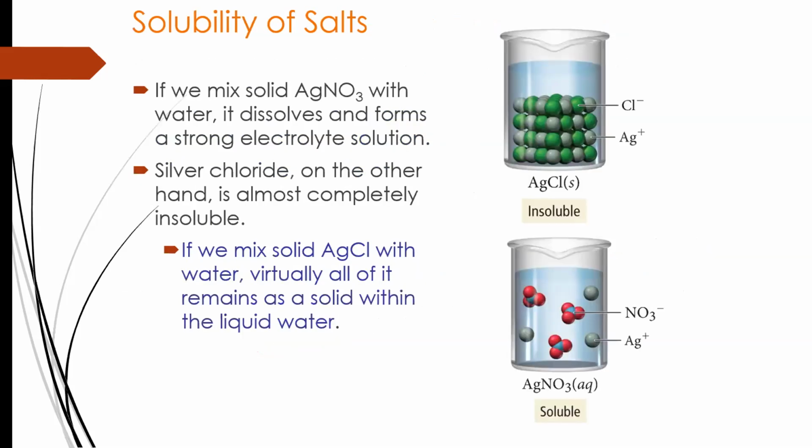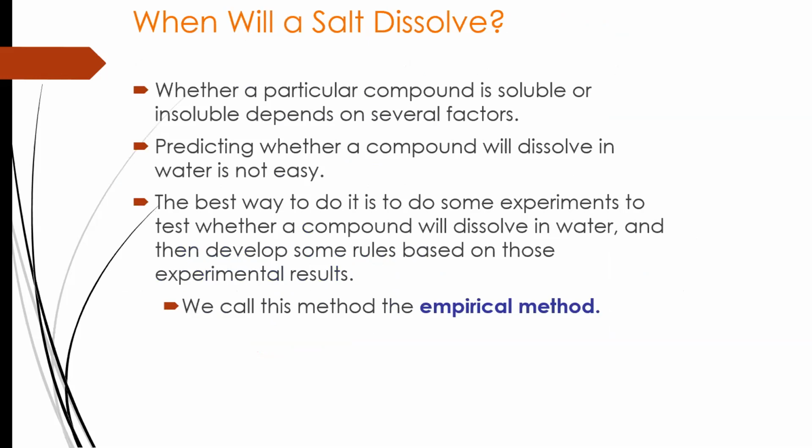Now, if we mix in a solid, we want to know whether it's going to dissolve and turn into ions or whether it's going to stay down at the bottom as a solid together. There's one way to do it, which is just go out, try it, and see. This is called the empirical method. That's one solution.